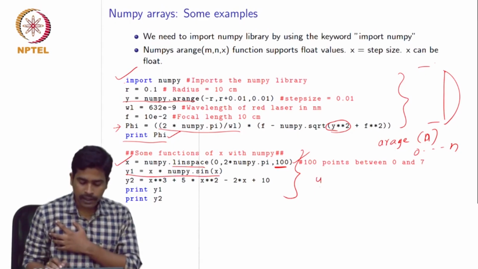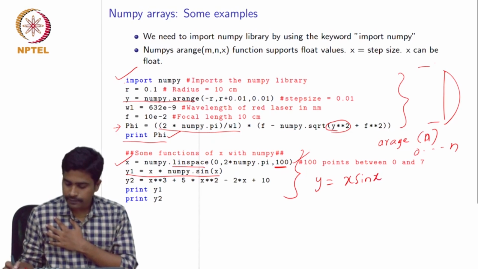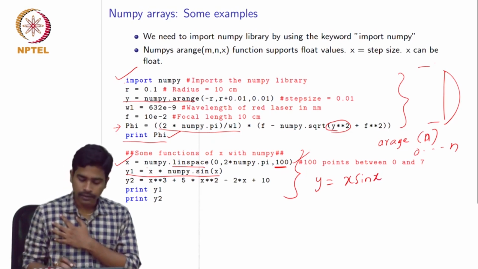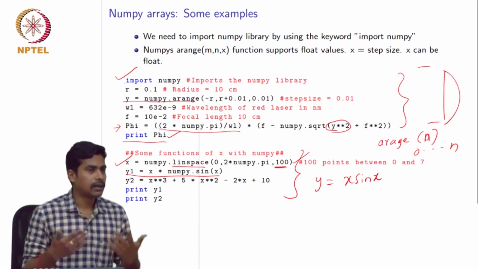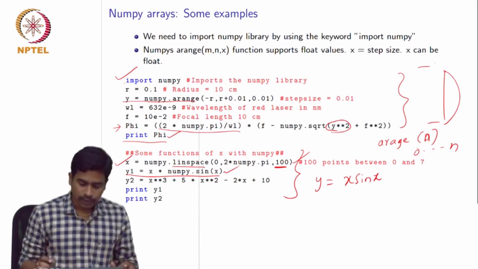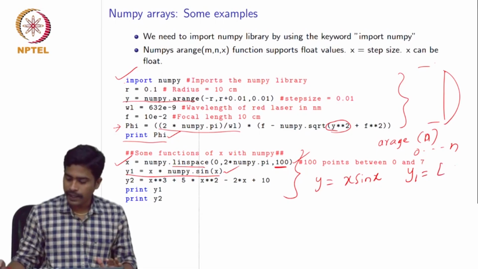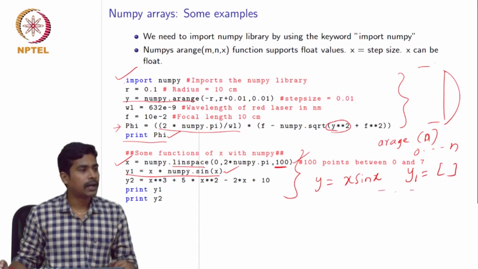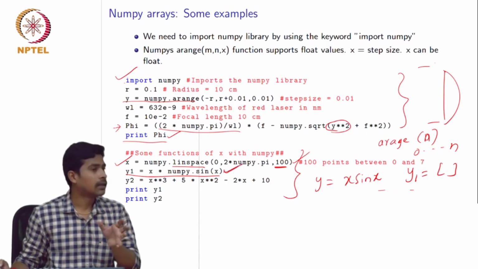So in this first one, what I am calculating is this function, y equals x into sin x. So I just have to write it like any mathematical equation, but it will be interpreted as a NumPy array without for loops. But normally to do the same thing with a list, we have to create a dummy list and write a for loop, and on each of the iterations we have to append the value of the computation to the new array.